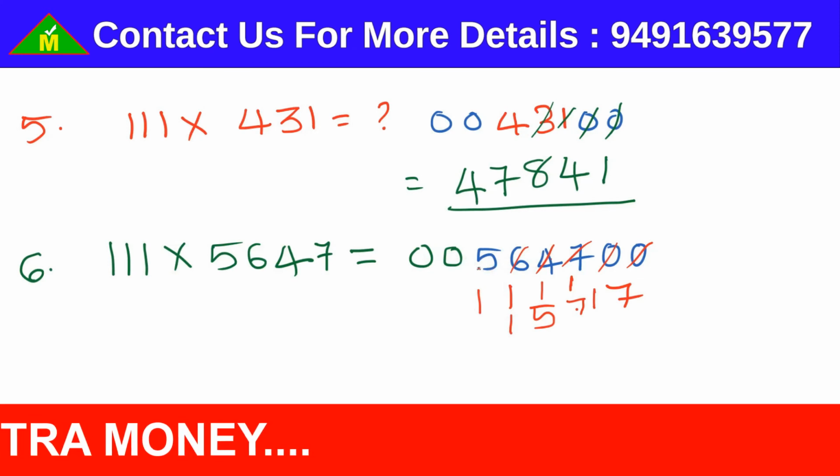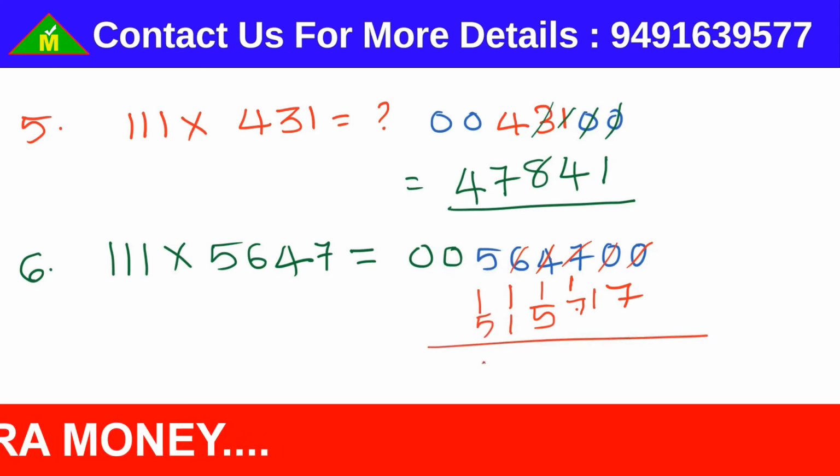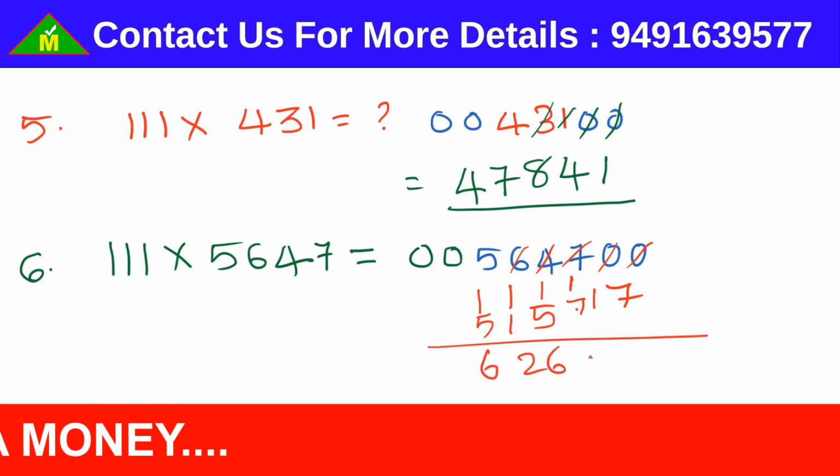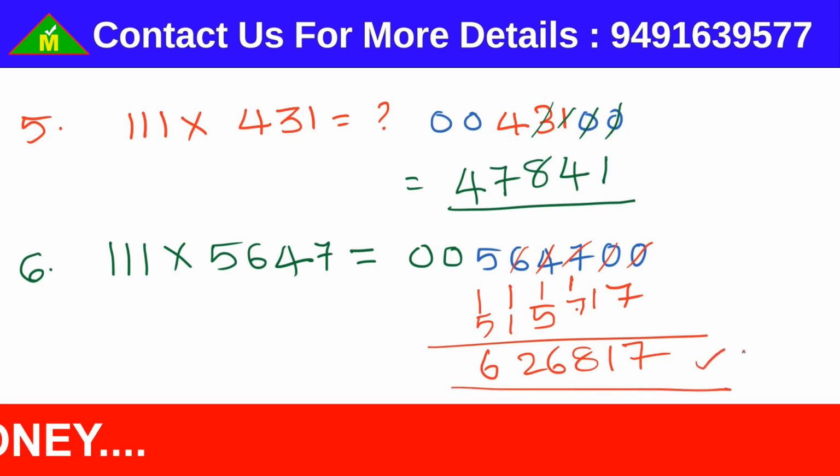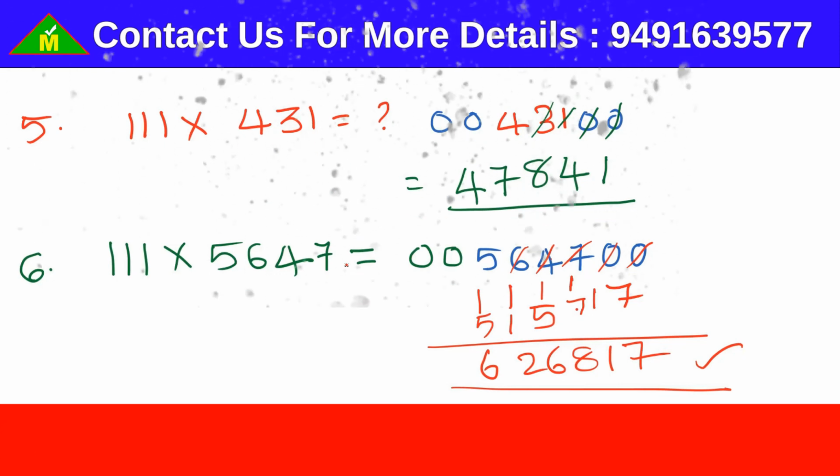So 5 0 0 is 5. So answer is 6 2 6 8 1 7. This is the answer, friends. Right. With this we will conclude multiplication with number 11 very easily.